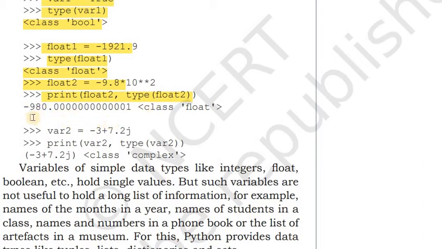What output are you getting? Minus 980, because minus 9.8 multiplied by 10 to the power 2 means multiplied by 100, you will get 980. So the output is minus 980 point followed by zeros, okay, and class float.